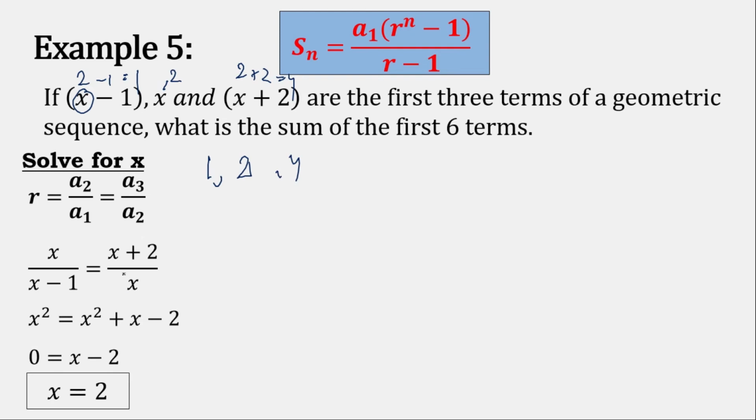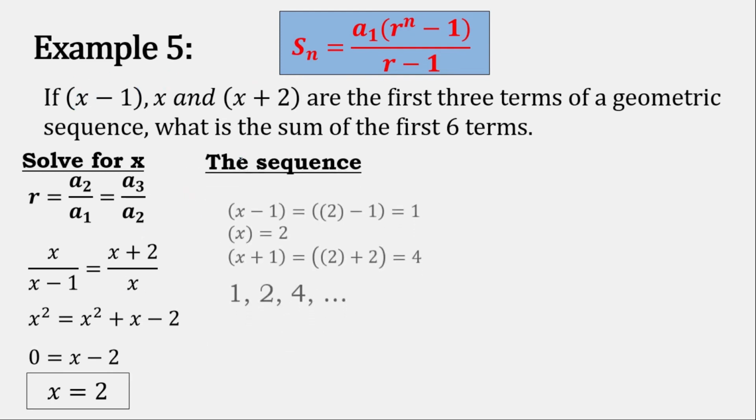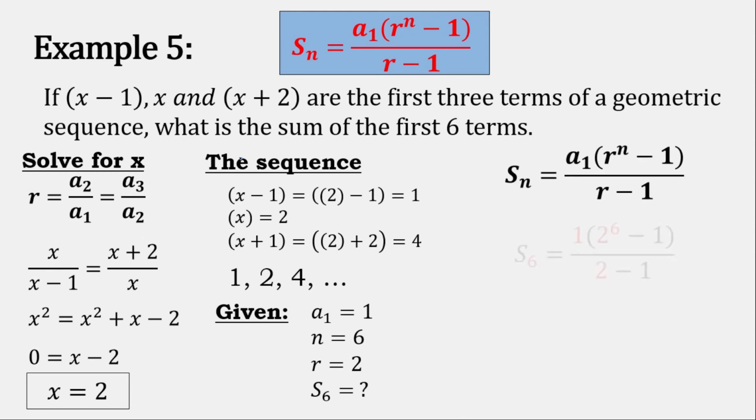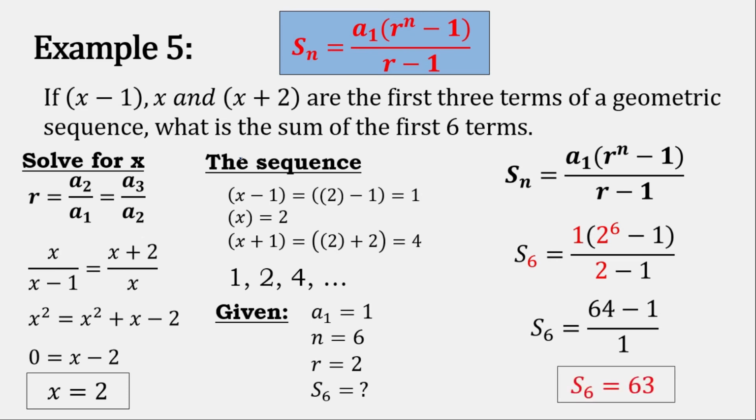So we have this sequence: 1, 2, and 4. We could easily see that our first term is 1, the number of terms is 6, and the common ratio is 2. So let's solve this using the formula. 2 raised to 6 is 64, minus 1 is 63, divided by 1 is 63. So the sum of the first 6 terms is 63.